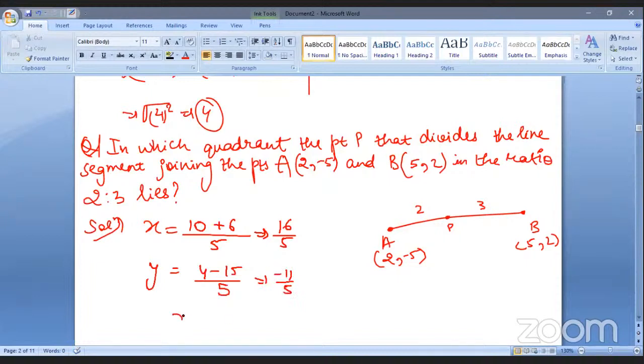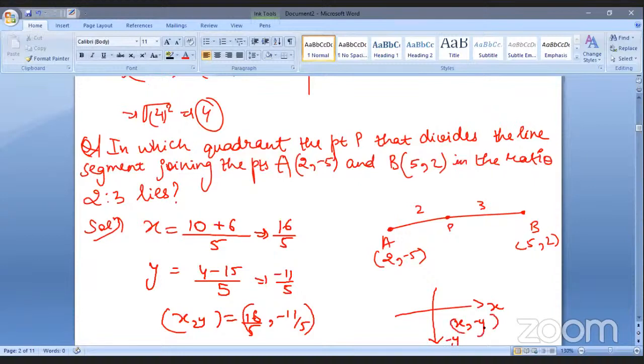So we can see that in x comma y, the x is positive and the y is negative. So definitely we know that this happens in the fourth quadrant, because the positive x is there but the negative y is there. So the representation of the ordered pair comes out to be plus and negative, right?